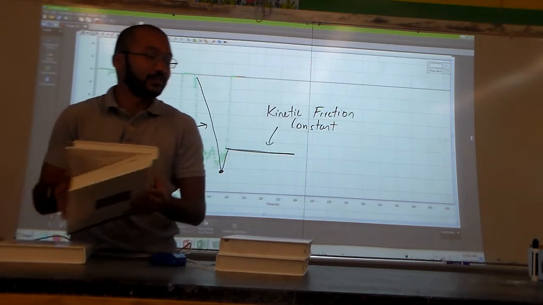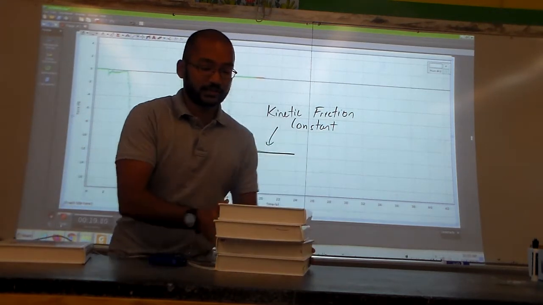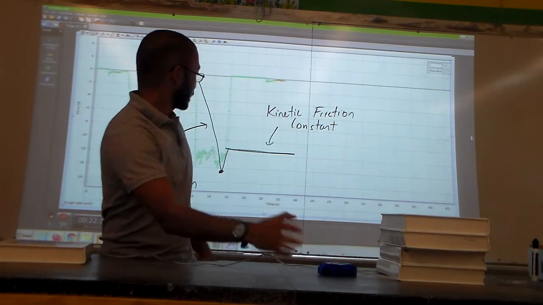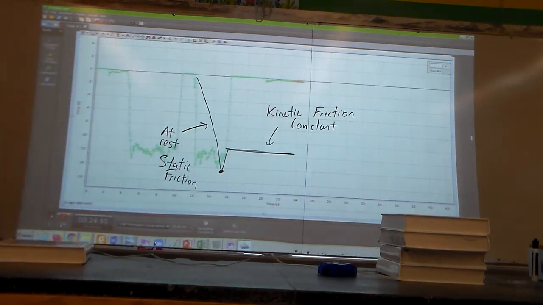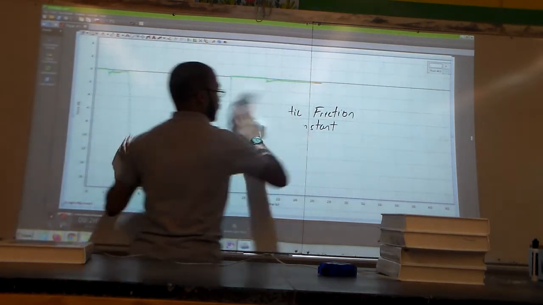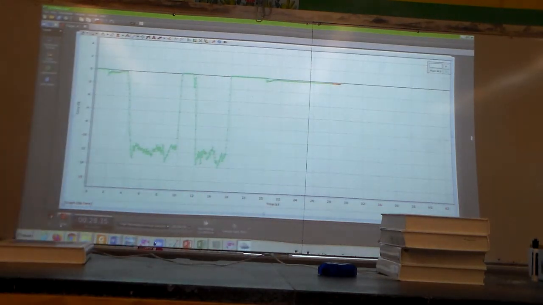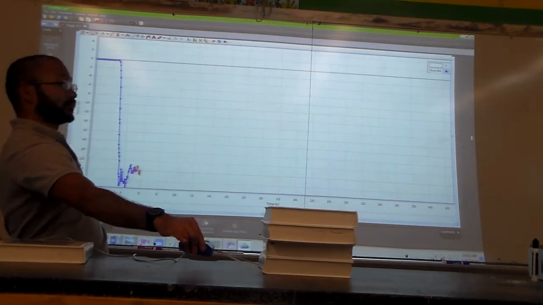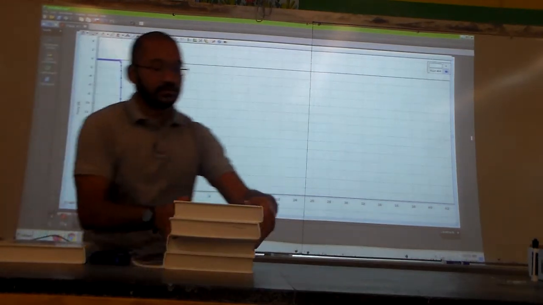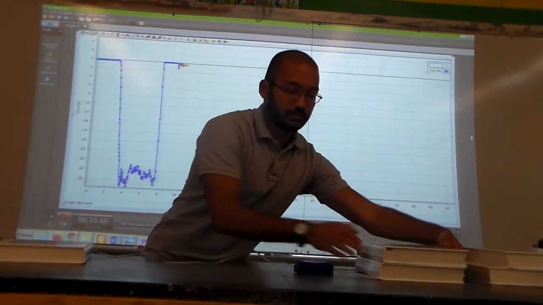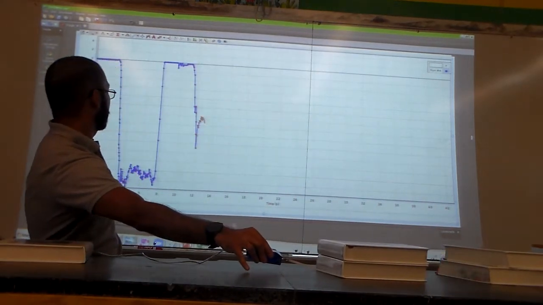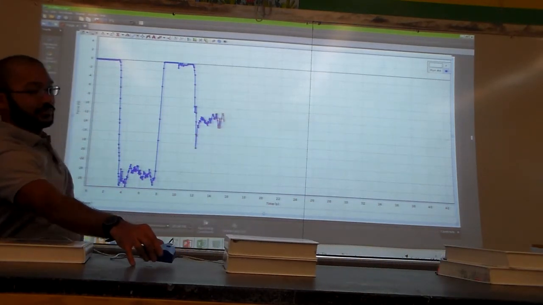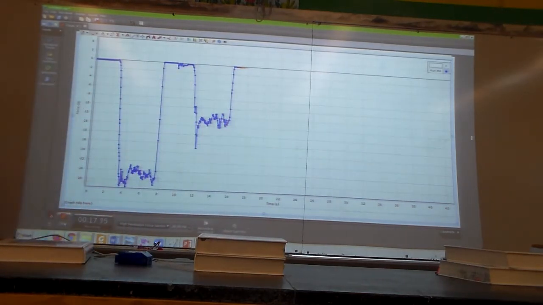Maybe a little bit hard to see, but if I double the mass of the object, it's about 24. You may not be able to see it. But it scales with the mass.